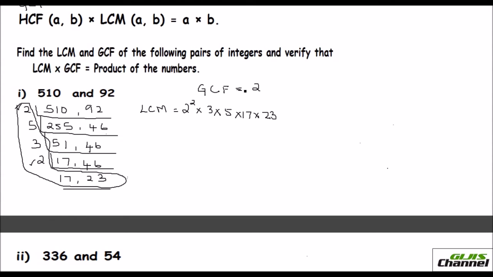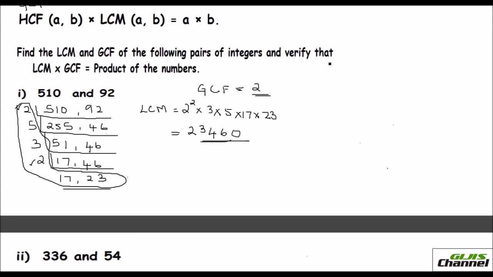That is going to be equal to 23,460. Now you have found out the GCF and the LCM as per the question. So half the question is done.